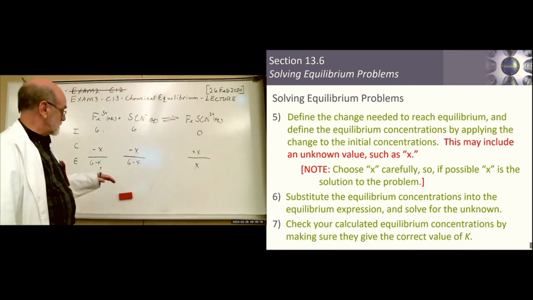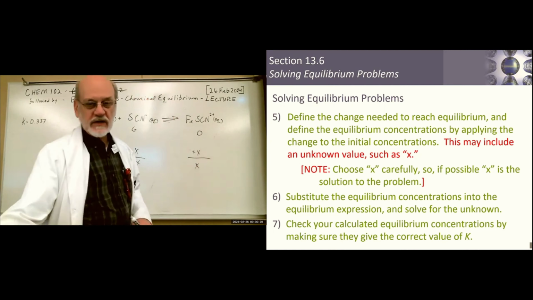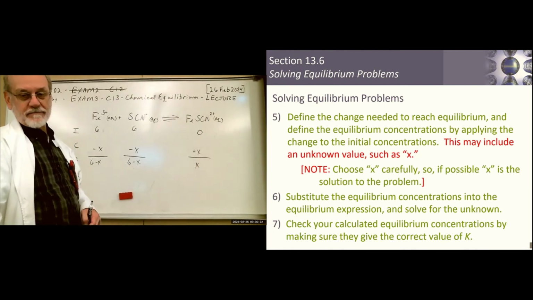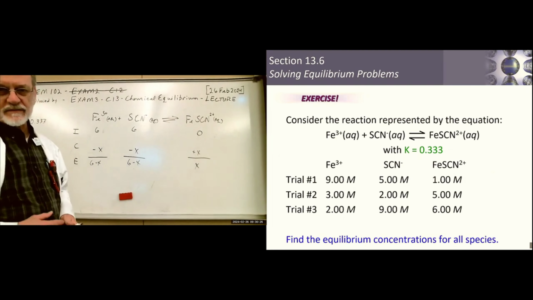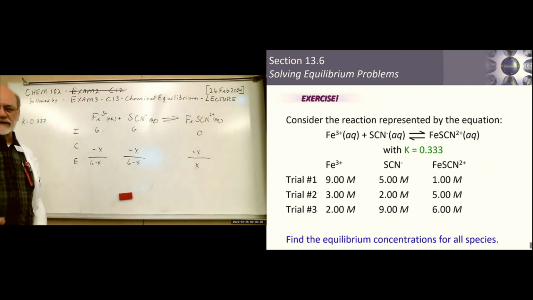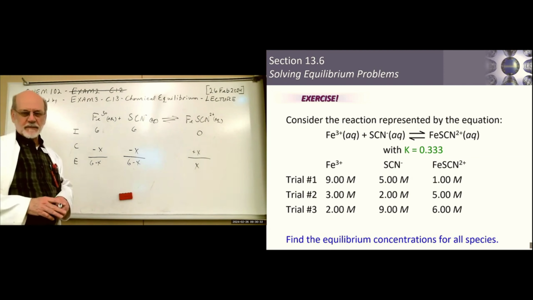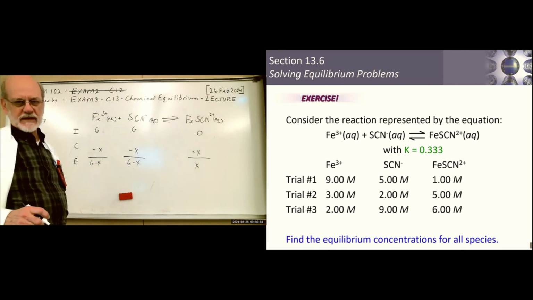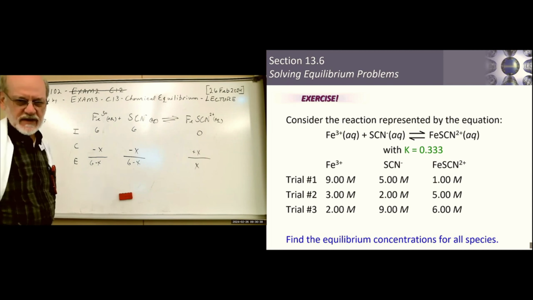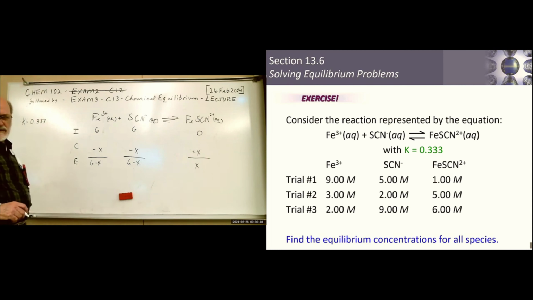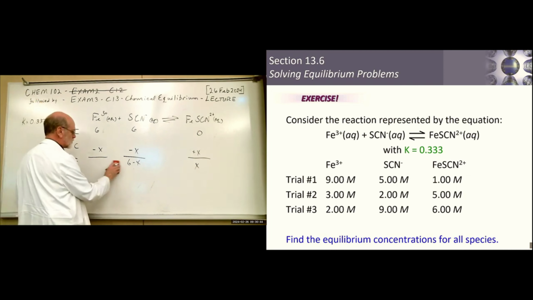Then you substitute these expressions in the equation and solve for X. Here are possibilities. We could do all of them. Let's see, let's calculate the Q's for each one of these first. See which way they're going to move.